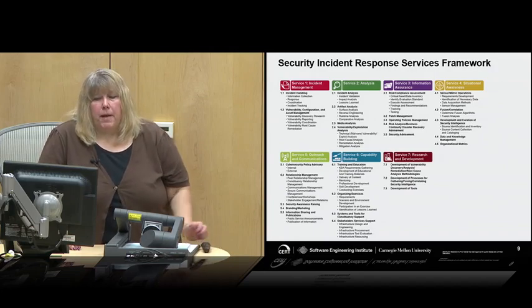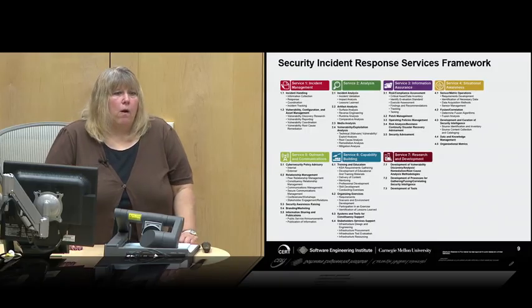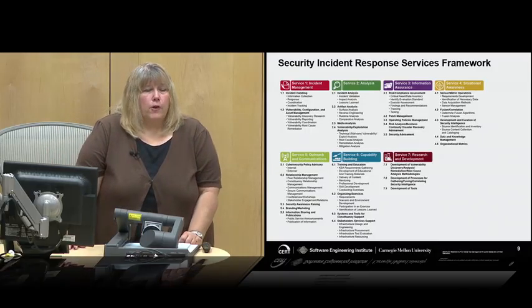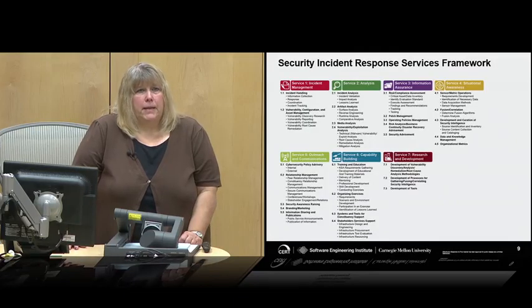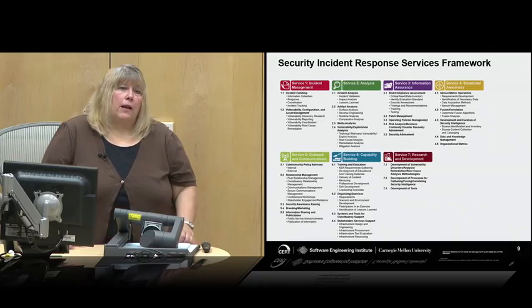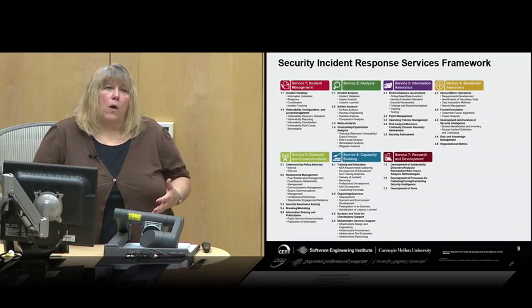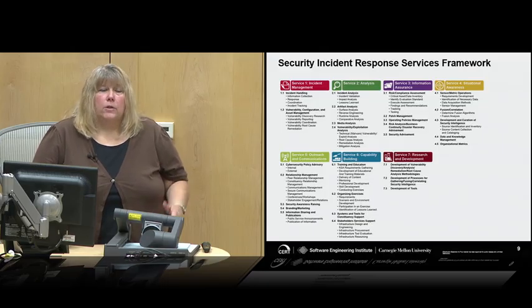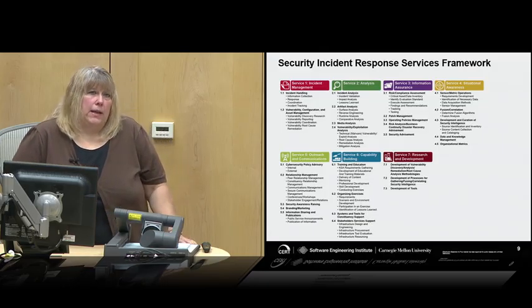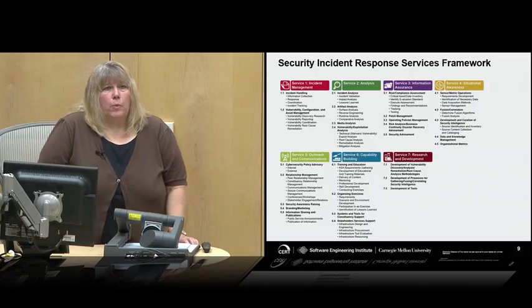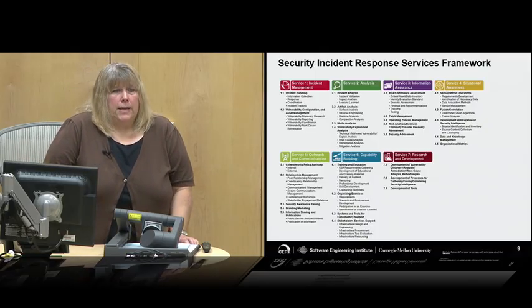We also wanted to mention that there's an effort going on within the FIRST community, which is the Forum of Incident Response and Security Teams. That organization is unique: it pulls together those in the information security and incident response or incident management community, and many different groups and security teams are part of FIRST.